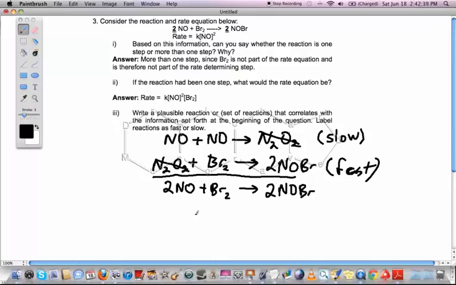All right, let me show you another possibility for this first step. This would also work. And that would be NO plus NO gives N2 plus O2, and make that slow.